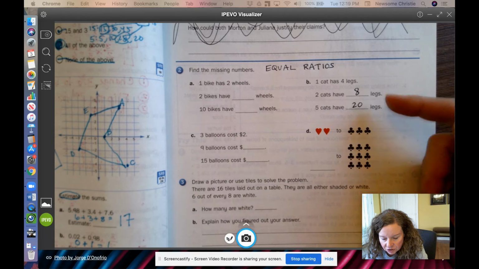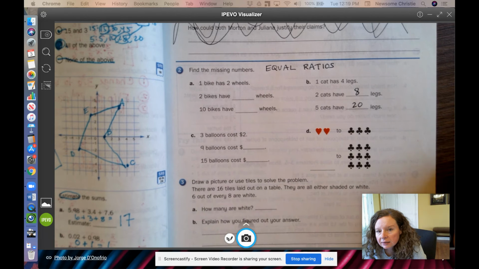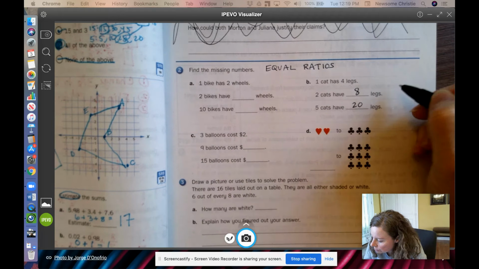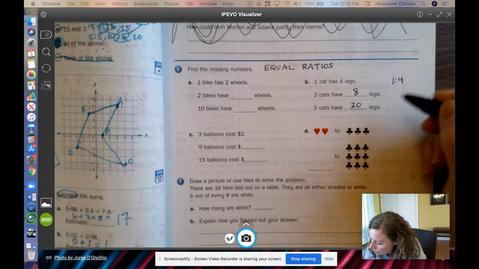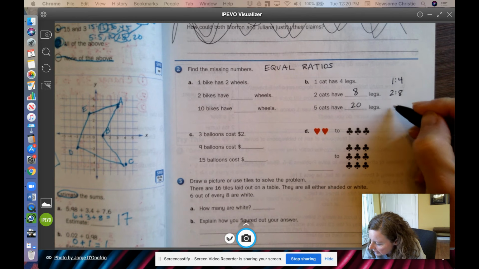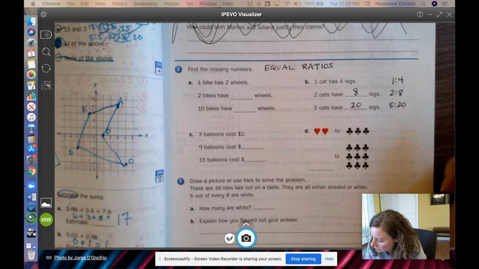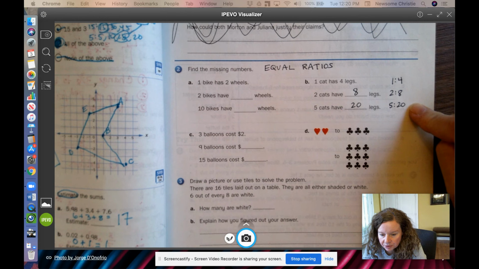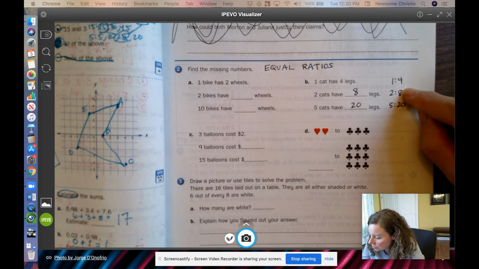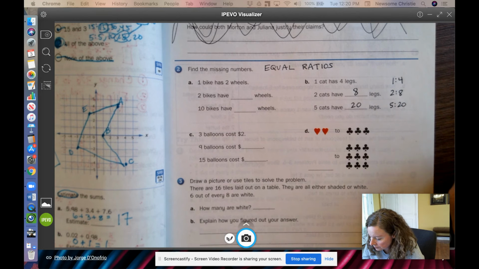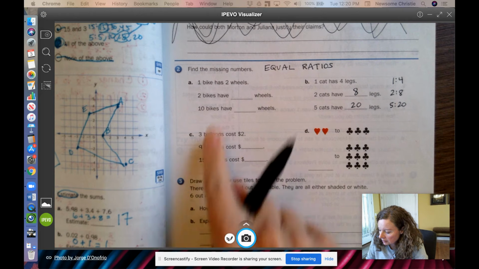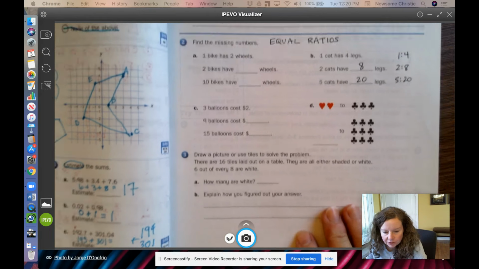This is just getting you to think about a comparison of ratios. If we were writing these in a ratio, that would be 1 to 4, 2 to 8, 5 to 20. And all 3 of those ratios are the same kind of comparison. So we just doubled it and then we times it by 5. Okay. I'm going to leave A, C, and D for you to try in a little bit.